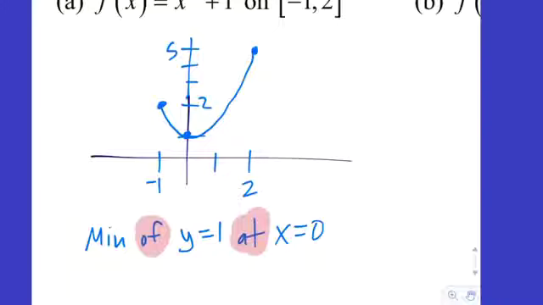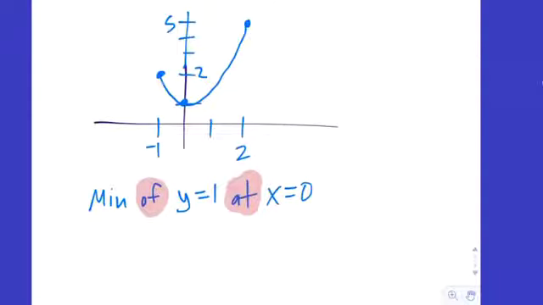So let's see. It occurred at the vertex. What's the value of the derivative at the vertex? 0. So that's twice now that we've seen an absolute extrema occur at a place where the derivative is 0. That might be kind of important later on. Does this function have a maximum? Yes. What is it? It's a max of y equals 5 or just 5. You don't have to put y equals.